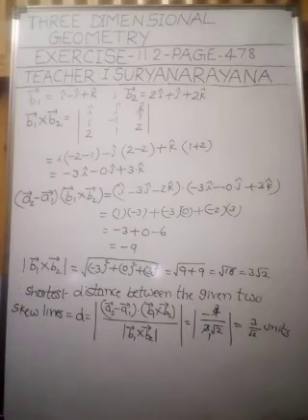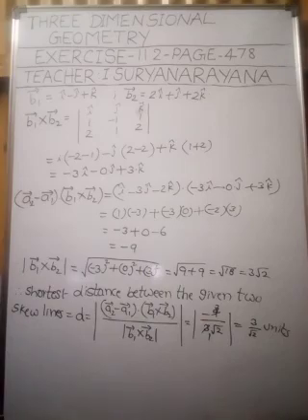Yes or no, my children? Just find out the values of x1, y1, z1, x2, y2, z2, a1, b1, c1, a2, b2, c2. After finding these values, substitute all of them in the formula. Then you get the shortest distance between the given two skew lines.